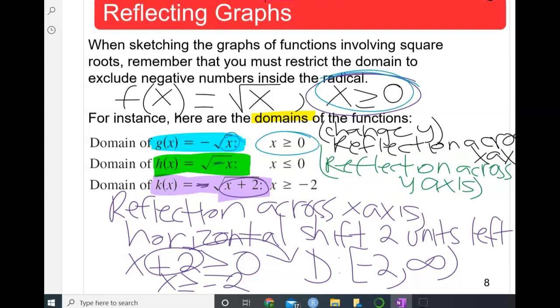And now h of x, for that one, we take whatever's inside the square root, which is called the radicand, and we say that must be greater than or equal to 0. The way to solve it here is to multiply both sides by -1. And the trick here is that anytime you multiply by a negative number, such as -1, or divide by a negative number, you must reverse the direction of the inequality.